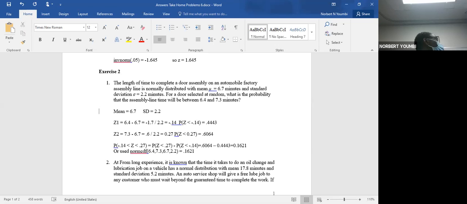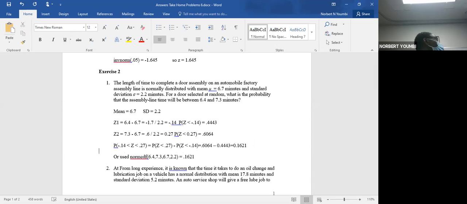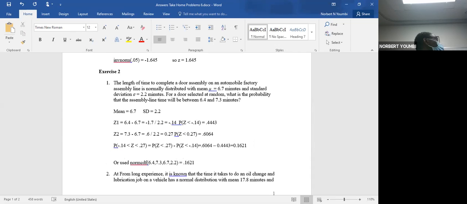You cannot learn this method now. This is what you should learn. Use normal CDF in your calculator. Can we all use that? If you cannot, ask and I will show you. Second function, distribution, then normal CDF.